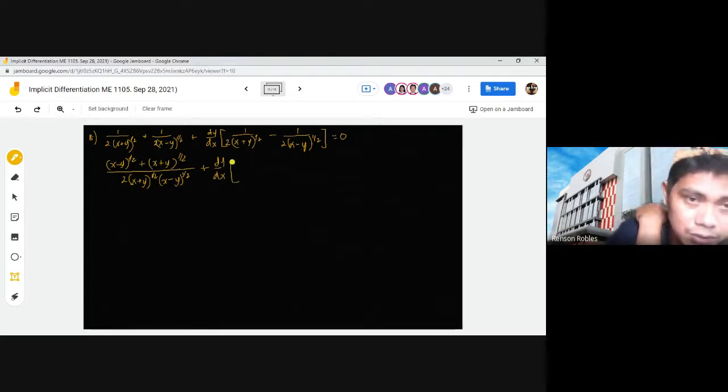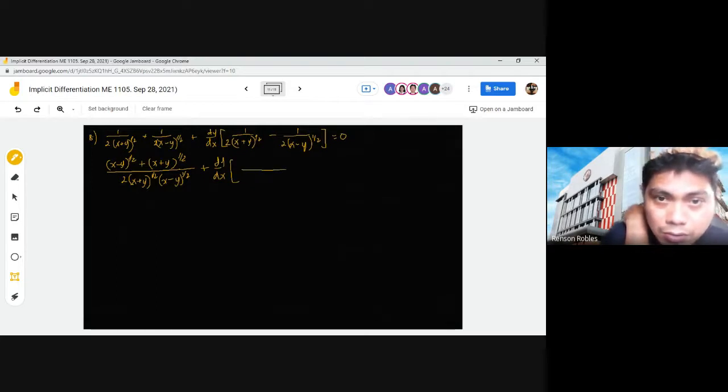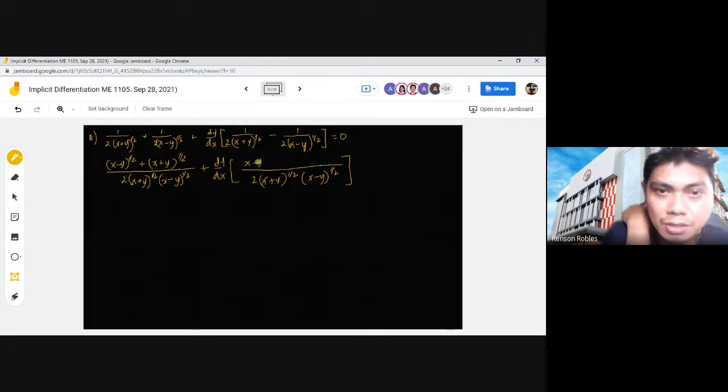That's 2 times x plus y raised to 1/2, then x minus y raised to 1/2. All right? Then on the numerator, you have the LCD divided by 2 times x plus y raised to 1/2, which is x minus y raised to 1/2, then minus x plus y raised to 1/2.